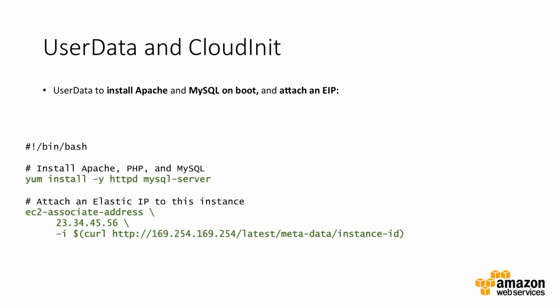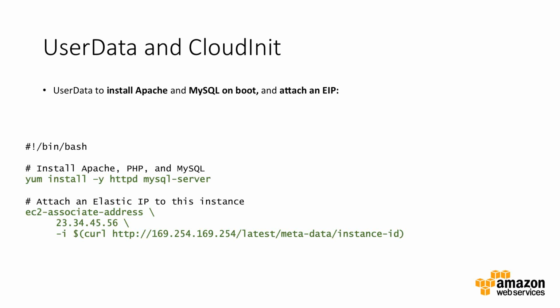The next bit we're doing is attaching the elastic IP address. So we're calling the EC2 command to associate an address. We're then defining what the address is, or which IP address we want to assign to it. And then we're doing a -i, which is to call the instance ID you want to associate the address with, which will call the local instance ID.